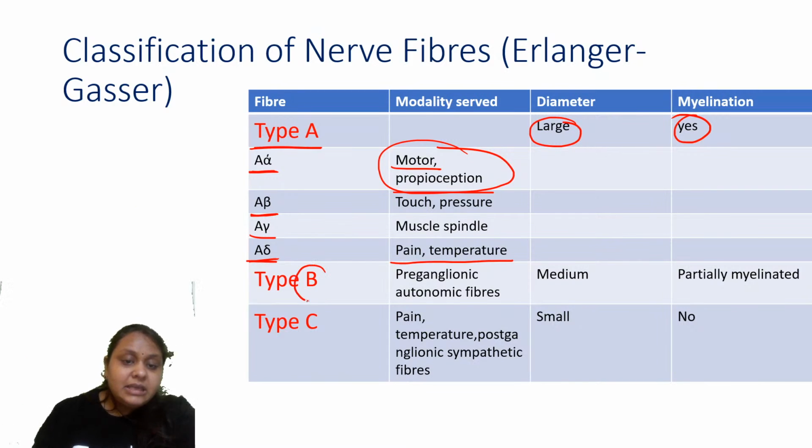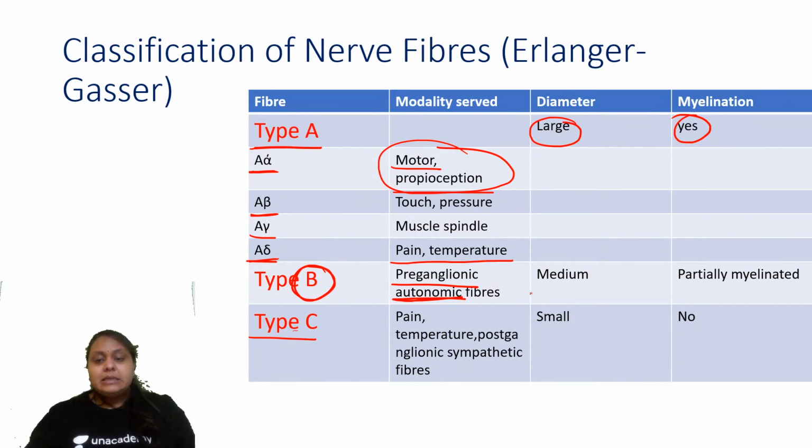The B fibers are the most susceptible; they carry preganglionic autonomic fibers. And the C fibers are small non-myelinated fibers, and they carry pain, temperature and postganglionic sympathetic fibers.